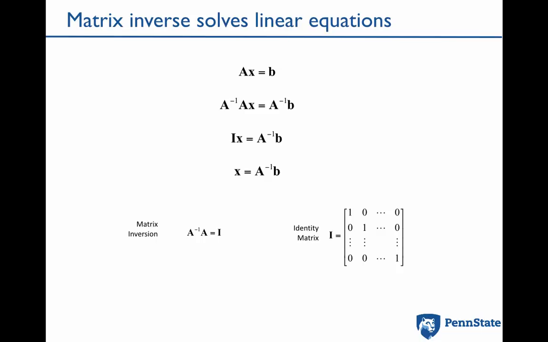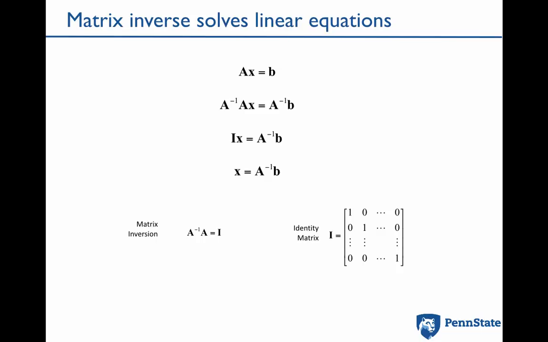So the inverse of a matrix allows us to solve linear equations, starting with A dot x equals b, where I haven't actually written the dot. If you could find a matrix A inverse such that you multiply the vector A x by A inverse, and you multiply on the right A inverse times b, and the matrix A inverse has the property that when it multiplies the matrix A, you get the identity matrix.